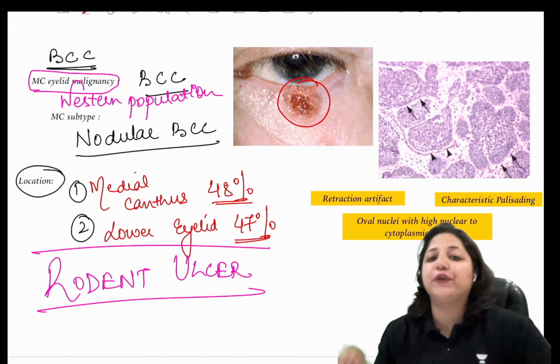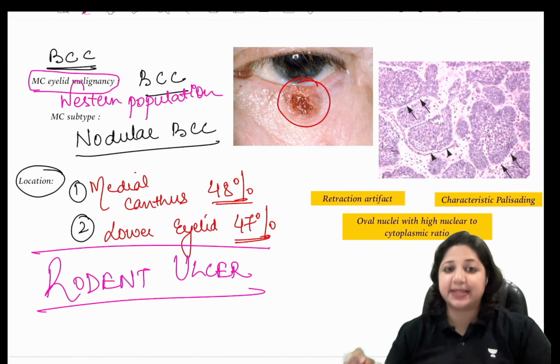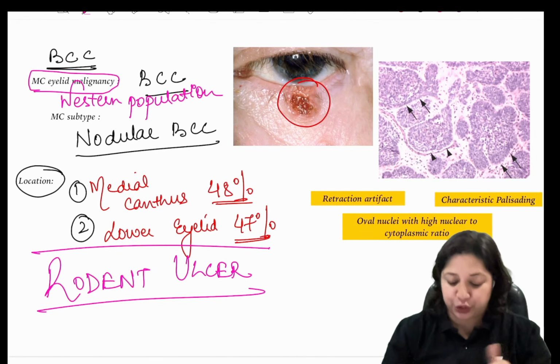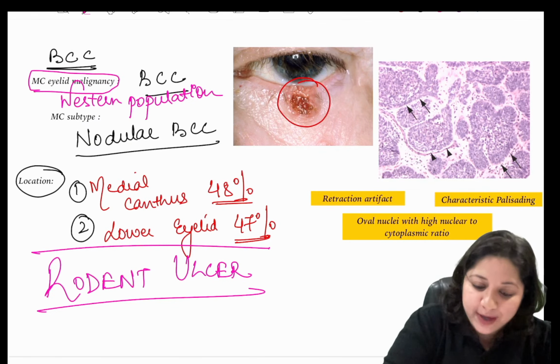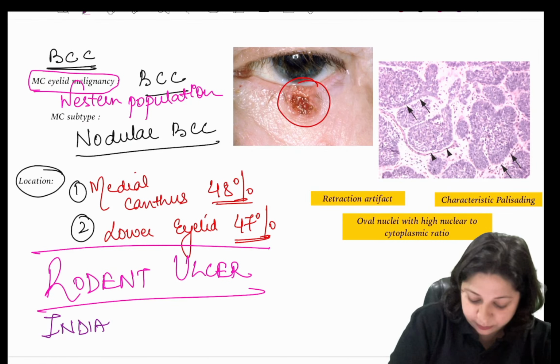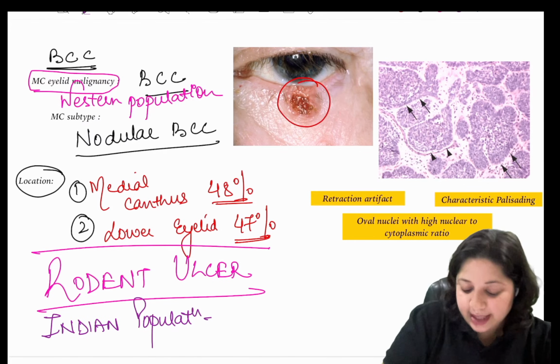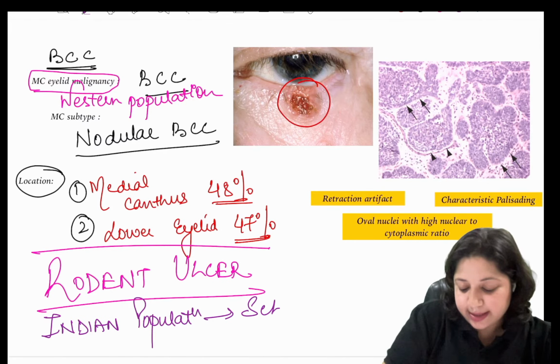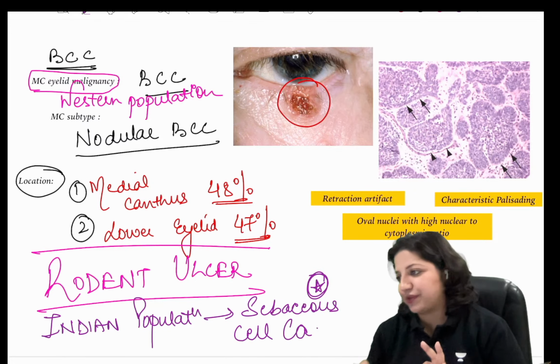But when we talk of the most common eyelid malignancy in the Indian population, the answer is sebaceous cell carcinoma.